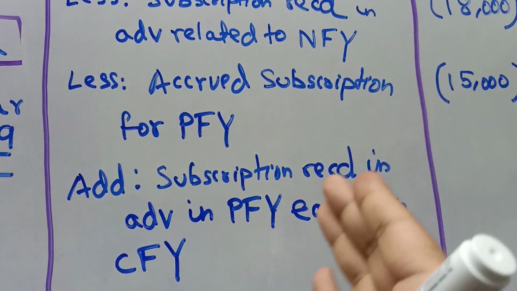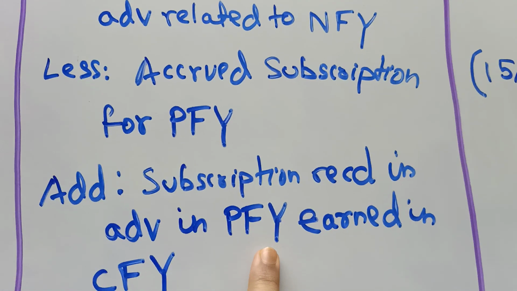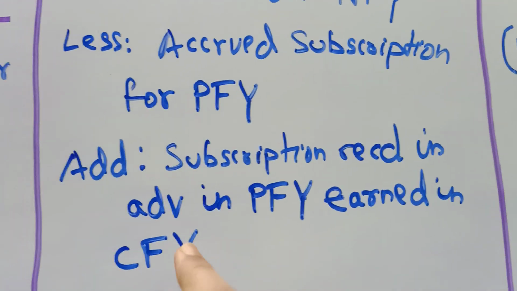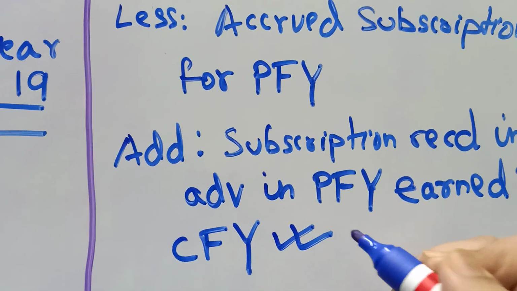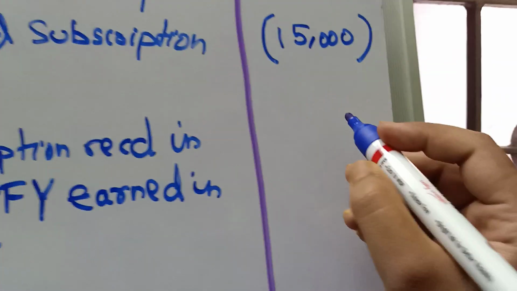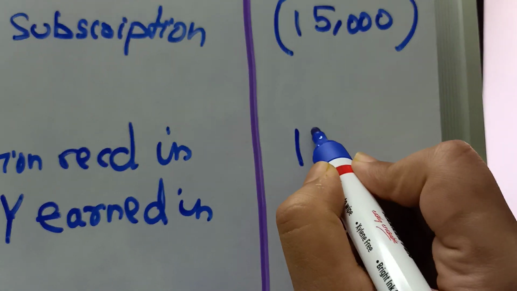So the subscription was received in advance in previous financial year, earned in current financial year. That means its existence comes into picture in the current financial year. Hence we add 12,000 rupees.